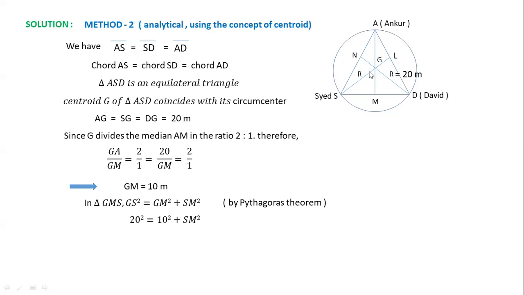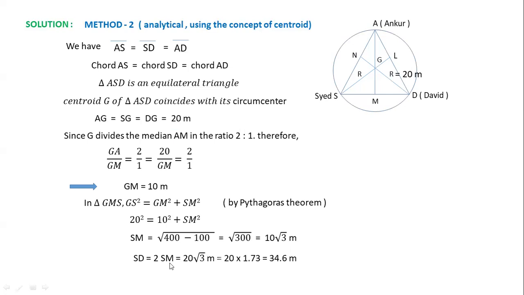What is GS? GS is nothing but the radius, which is 20. GM, which we have just found, is 10. And SM we have to find. So SM will be, this 20 square is 400, 10 square is 100. So 400 minus 100, that's equal to square root of 300. That is 10 root 3.